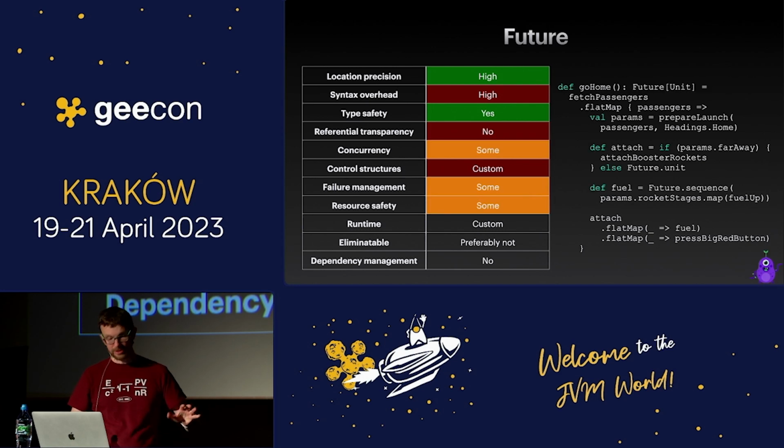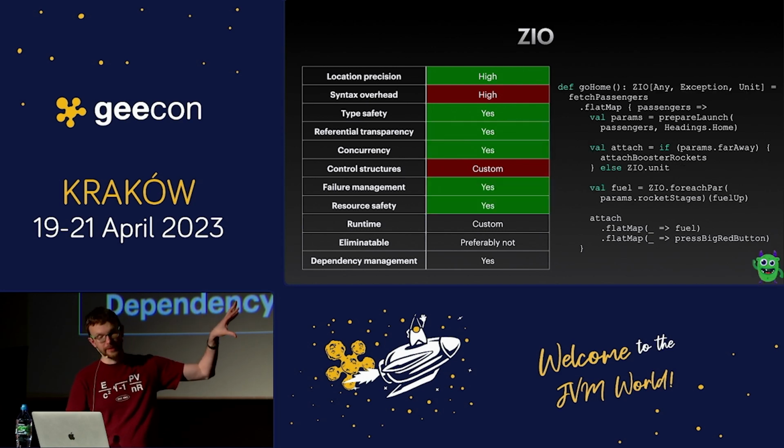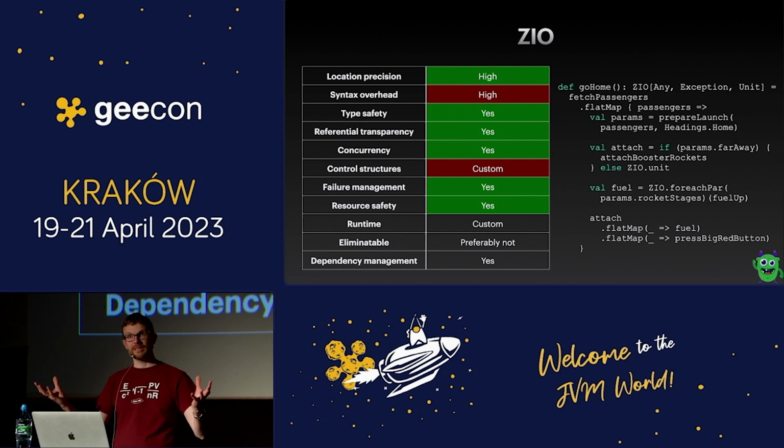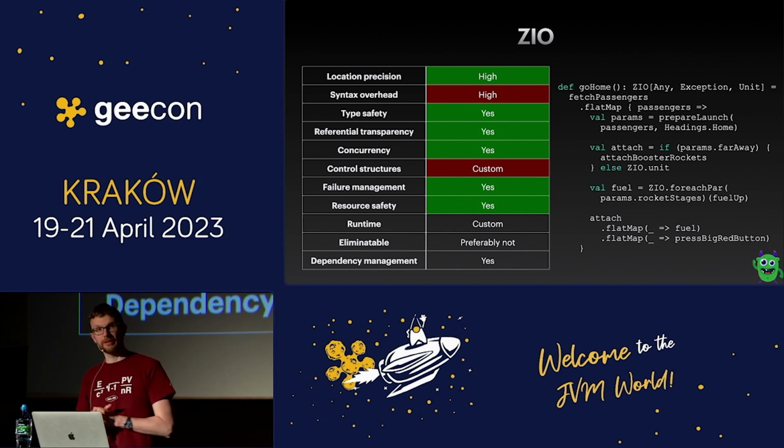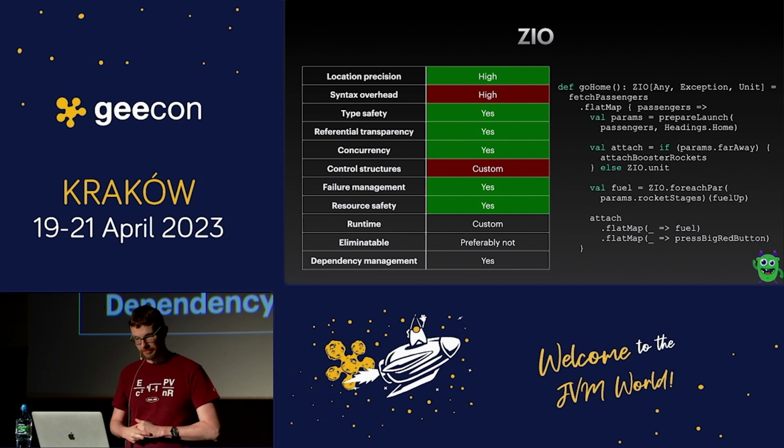Right? So here the computation happened in the moment of invocation, and here we first create a data structure describing the computation, and then we hand it over to an interpreter which actually runs it. So there's, of course, some overhead in creating the description, but we do get some benefits out of it.